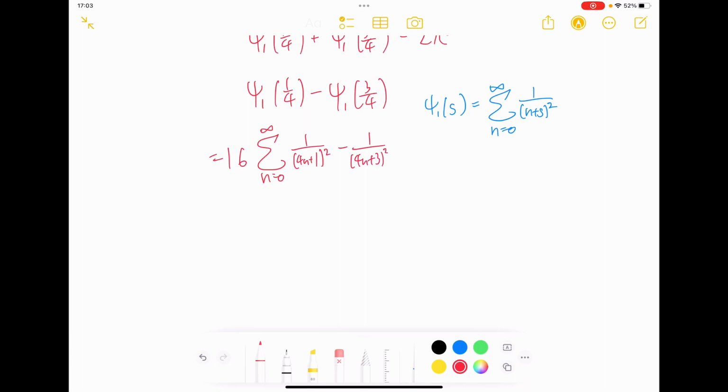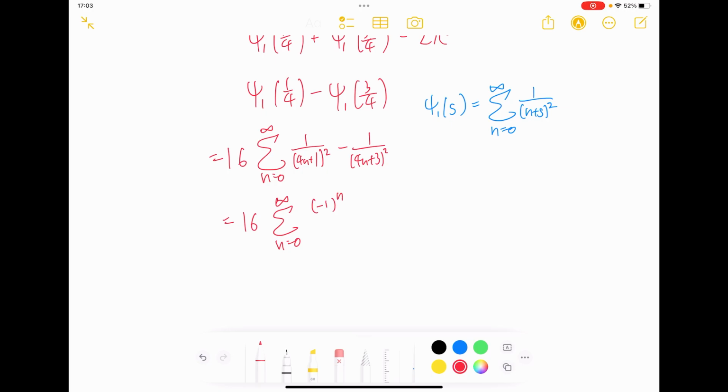What we're going to notice is that these are the integers 1 mod 4, these are the integers 3 mod 4, so they're just the odd integers really, but they alternate in sign. So that's going to be equal to 16 times the sum from n equals 0 of the reciprocal of the odd integers squared, alternating in sign.